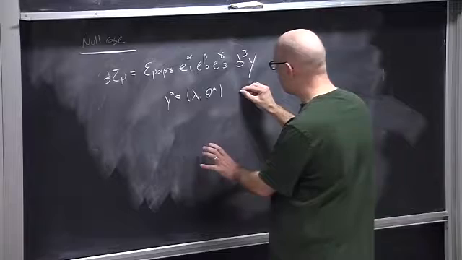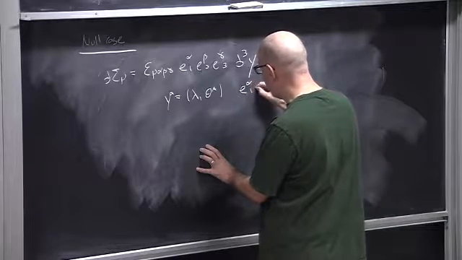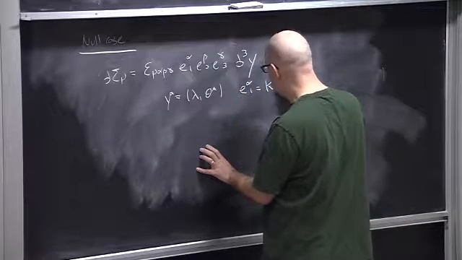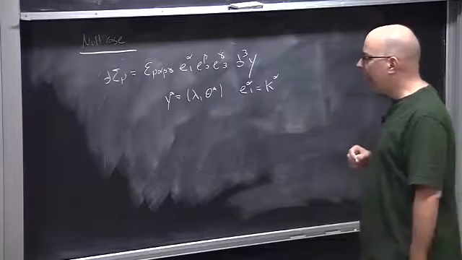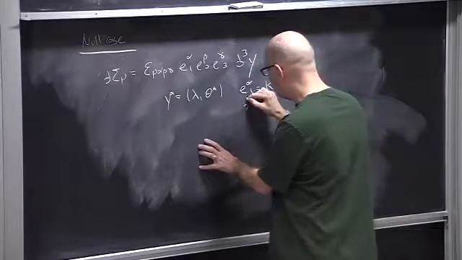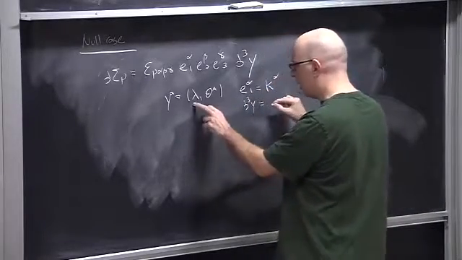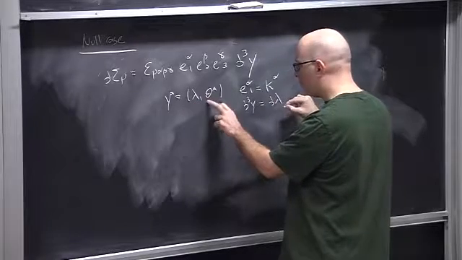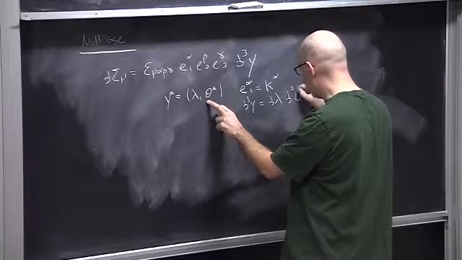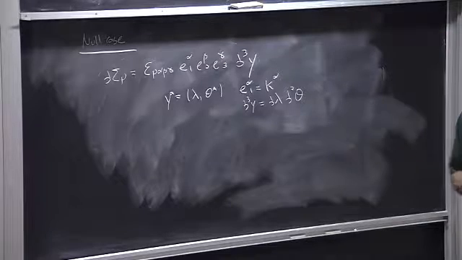When I do that, as we saw before, I know that E1 is going to be directed along K, and I know that d3y is going to be a d lambda multiplying a d2 theta. So I just want to specialize the notation to this specific choice of intrinsic coordinates.